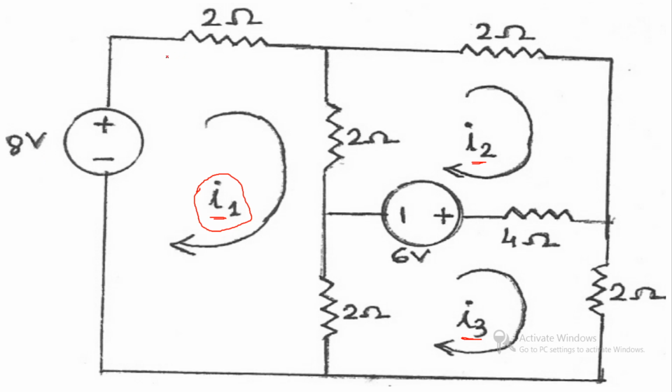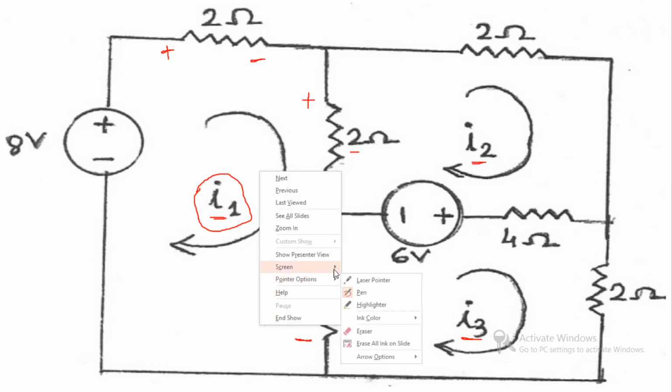In this 2 ohm resistance, the I1 current will enter at this point, so I will mark it plus, and leave at this point, so I will mark it minus. For this 2 ohm resistance, I will mark plus over here because current will enter here and leave at this point. And in this particular 2 ohm resistance, current will enter at this point and leave at this point. So this is the complete polarity for loop current I1.